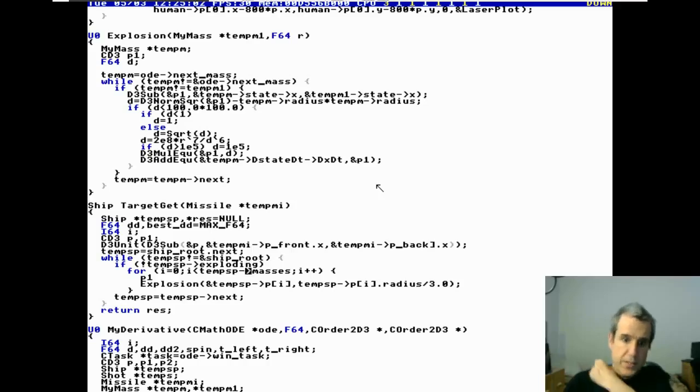We do need a distance. First, no, we want the vector towards the ship.